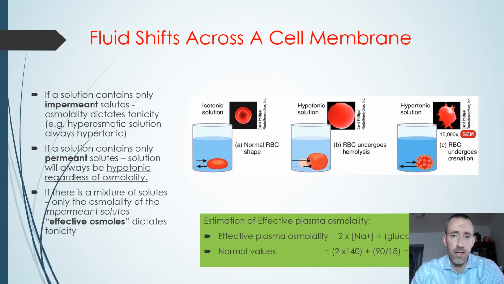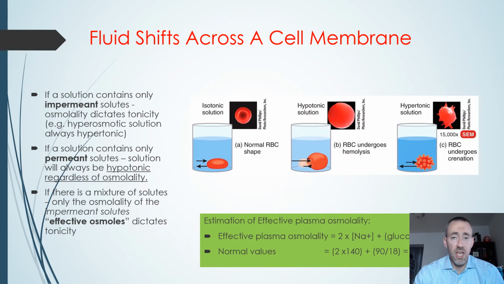On the other hand, if you have impermeable solutes only, then the osmolality will dictate the tonicity. So for example, if you have impermeant solutes like sodium chloride, if it's hyperosmotic, it'll be hypertonic. If it's isoosmotic, it'll be isotonic, and if it's hypoosmotic, it'll be hypotonic.